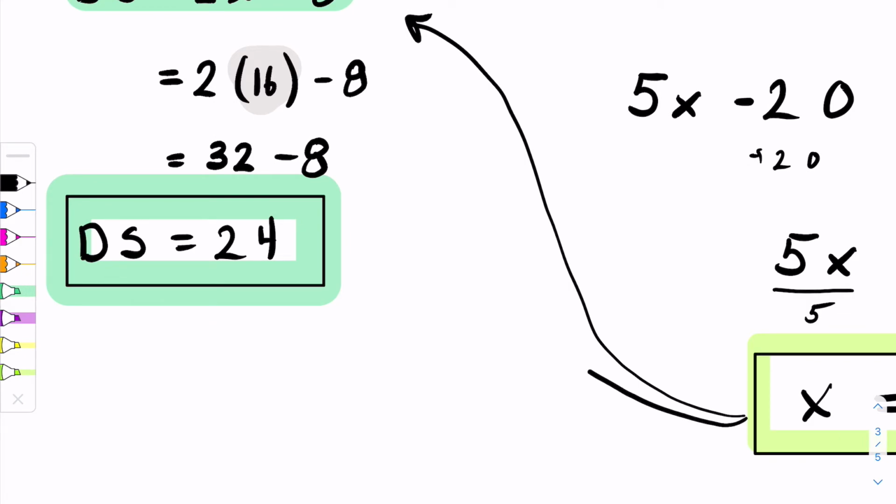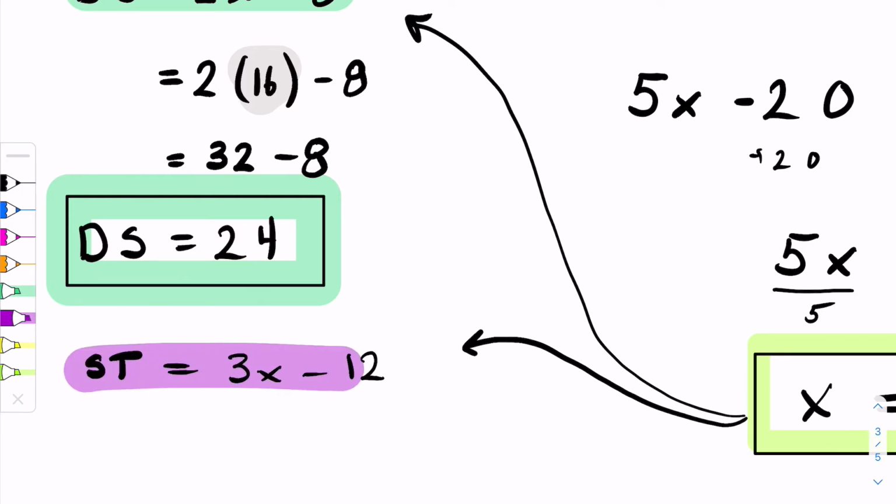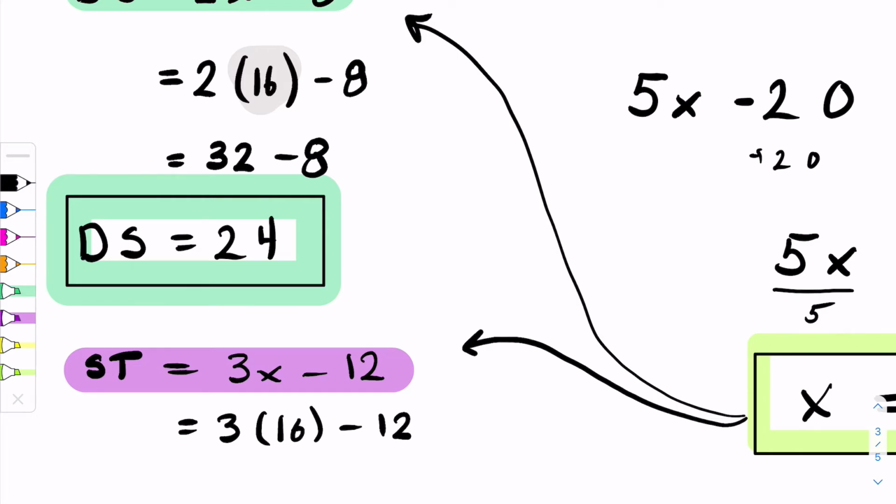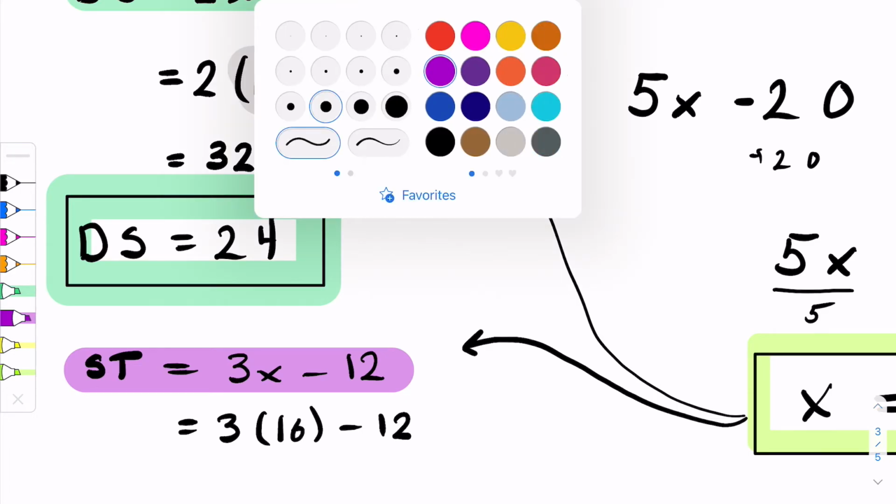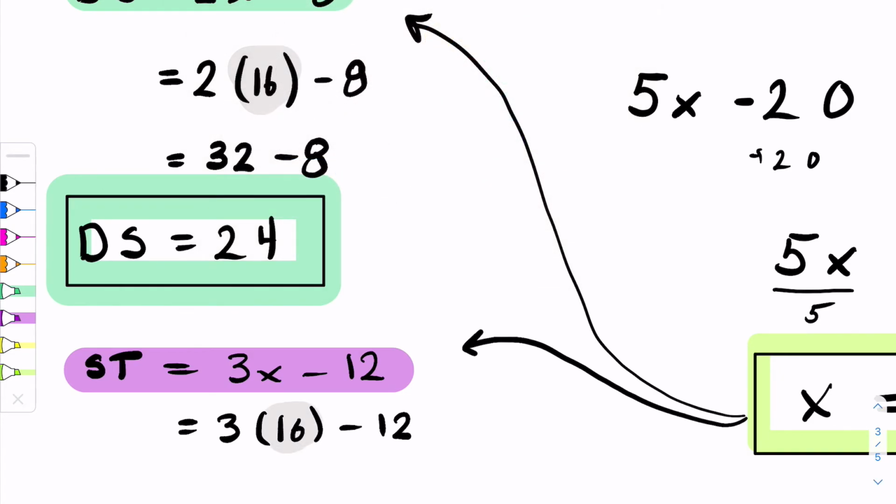The next segment is segment ST, and ST is equal to 3x minus 12 in our diagram. If we substitute 16 in for x, we have 3 times 16 minus 12. And 3 times 16 minus 12 is 36.